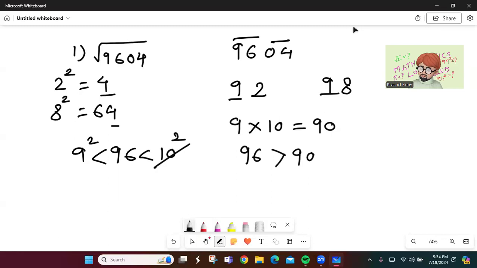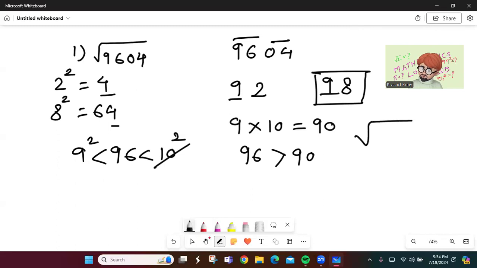So 96 lies between 9 and 10. So I'm taking the product of 9 and 10 and I'm comparing the second partition number with this product 90. Now since 96 is greater than 90, I'll select the bigger option out of the two, that is 98.